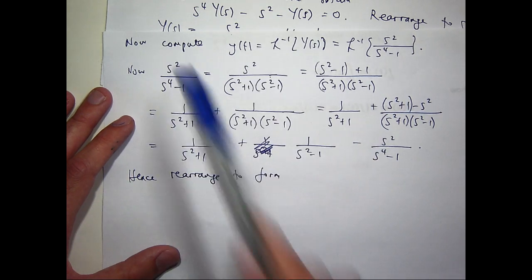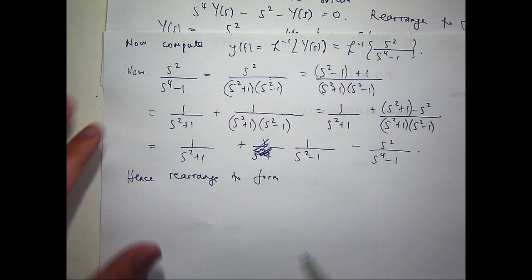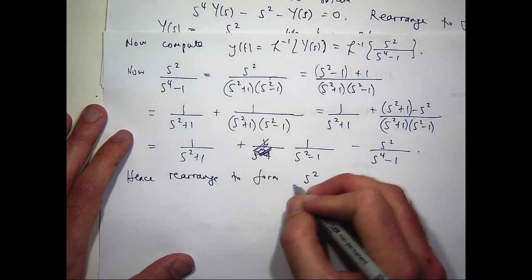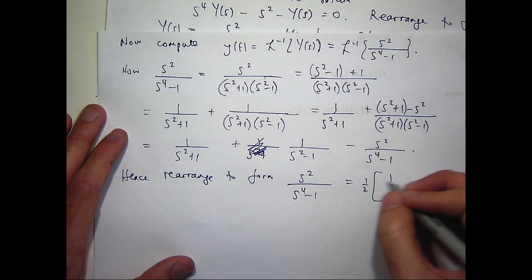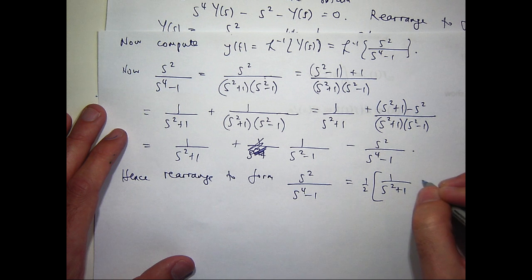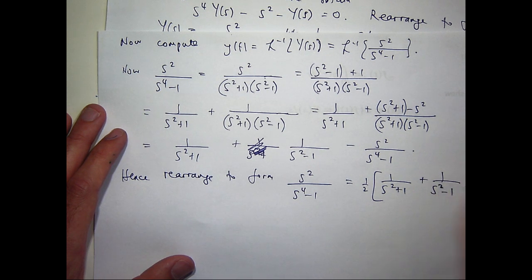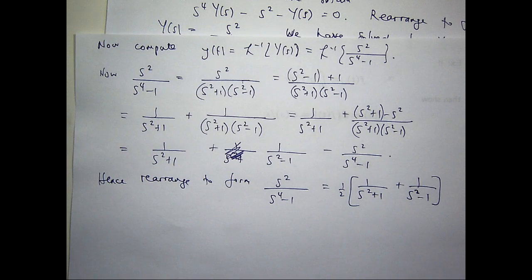Okay, take that to the other side and then divide both sides by 2. Hang on, I think I'm missing a minus sign here. No, that's okay. Good.